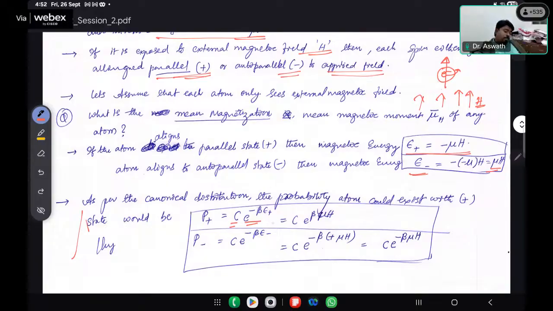E plus is explicitly mu H, you just substitute. What is the chance of various possible arrangements with each of that arrangement having energy E minus? So you can get a probability P minus. Explicitly convert the E minus in terms of magnetic moment and applied magnetic field, you would get some expression. Very good.